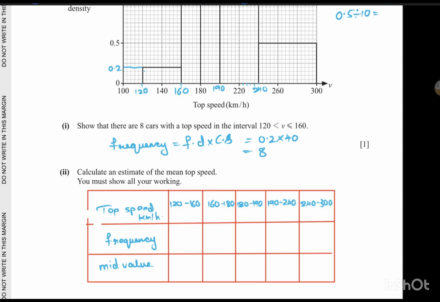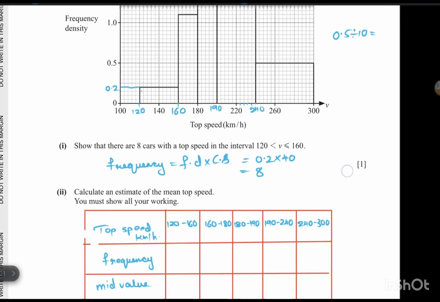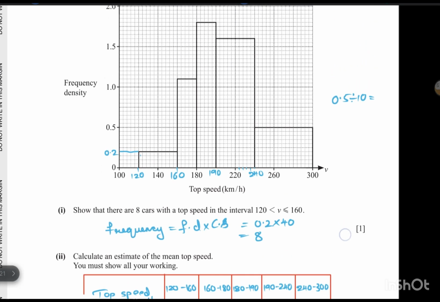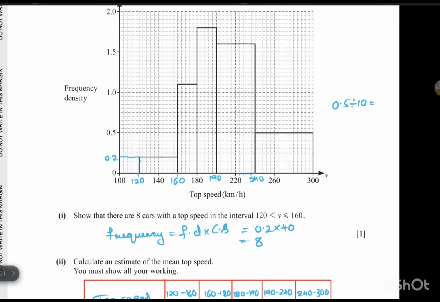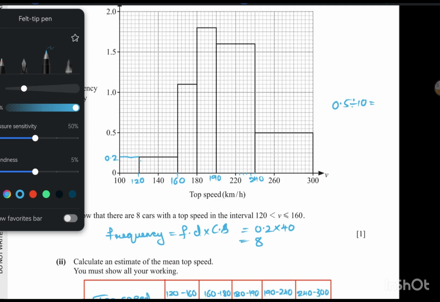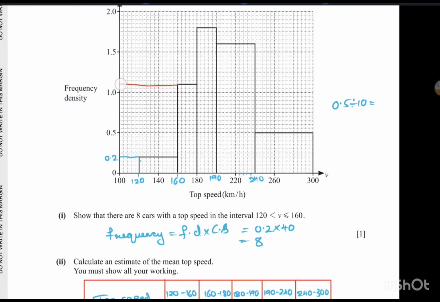Next, we have to find the frequency. To find the frequency, we should also know the frequency densities of each class. So for every bar, at the end we will write the frequency density. The first one we already did, it was 0.2. Second one is here. Let me draw the line.